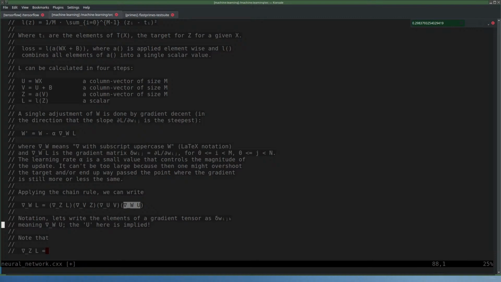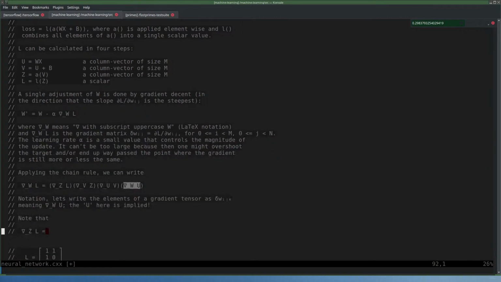So that's about the notation. Then we can write that the gradient relative to Z of L is a matrix existing of, I think, one dimension.